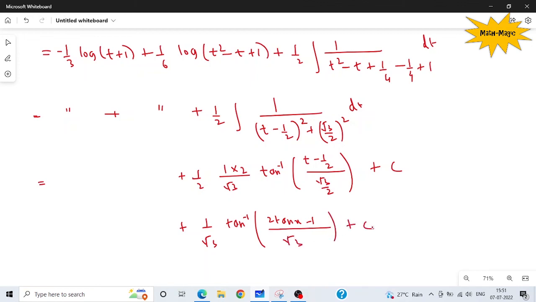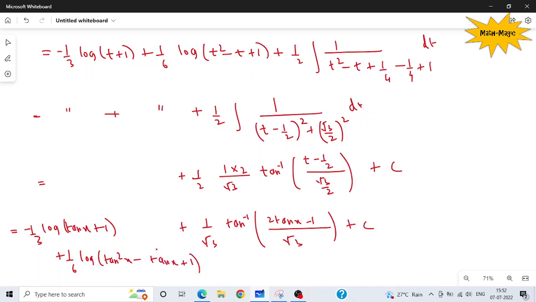Then similarly we have to do the resubstitution in the first and second function, so here we get minus 1 by 3 log of tan x plus 1 plus 1 by 6 log of tan square x minus tan x plus 1.